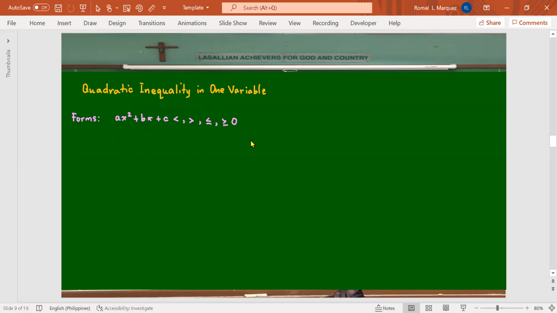Okay? So any inequality that you can express in any of these forms is a quadratic inequality.